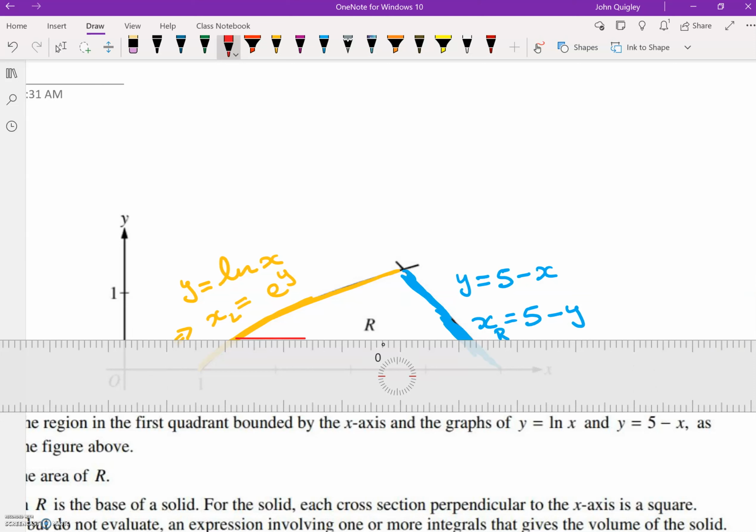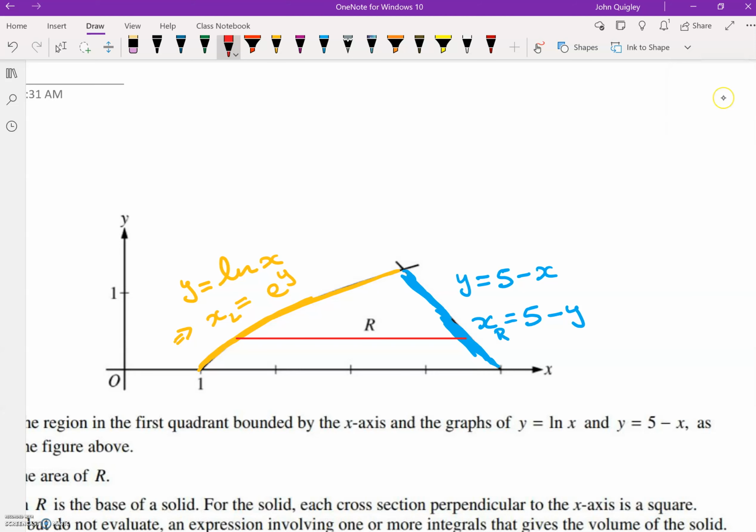So this is the line y equals k. The red line is the line y equals k. That would mean the y coordinate here is k, and that's going to be very important. It's actually important that we realize that the line y equals k is at a height of k.